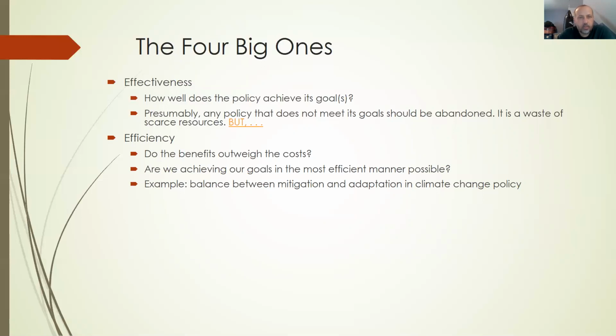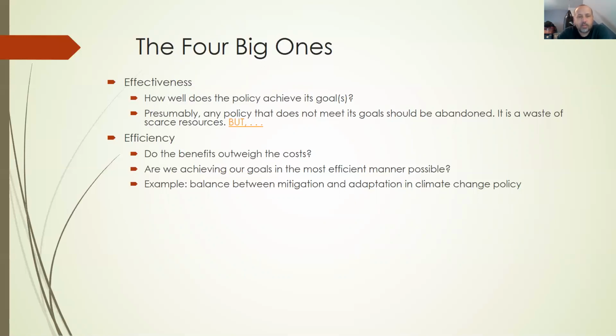And a classic example of this comes in the debate surrounding climate change policy and what we ought to be doing. The debate is basically this: should we be actively working now to maximize the reduction of pollution and other things that are causing climate change?